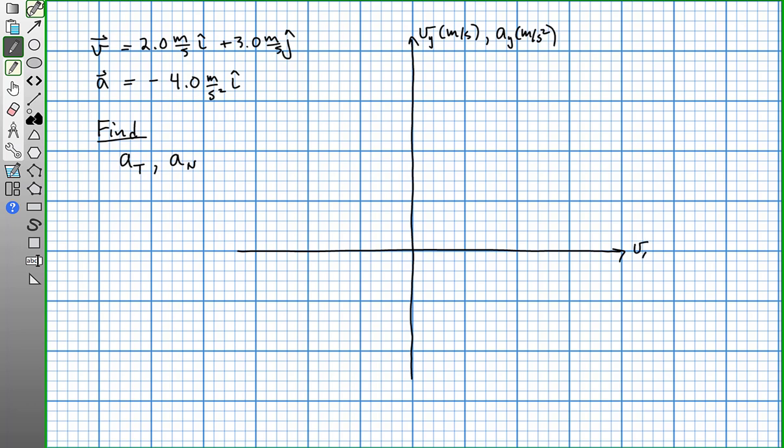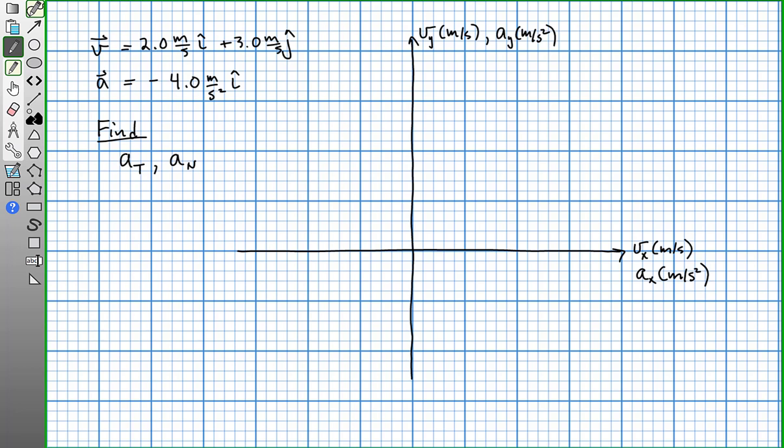We will look at the x component of the velocity vector on the horizontal axis, and at the same time look at the x component of the acceleration on the horizontal axis. This way, we could qualitatively compare the two vectors and see whether or not the object is speeding up, slowing down, or it could even be turning.